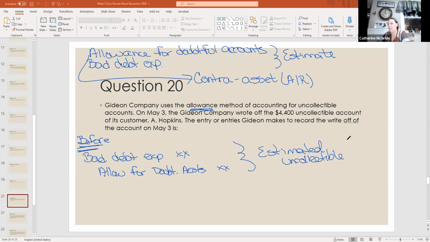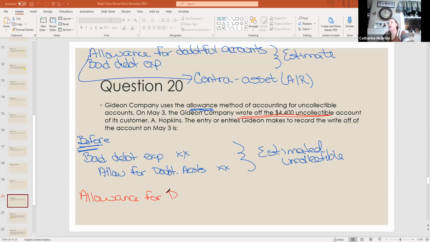But now what's happening is we're actually writing off a specific account. We can't record bad debt expense because we already did. We recorded bad debt expense back when we estimated it. So when we write off a specific account, we're going to take it out of the allowance for doubtful accounts.